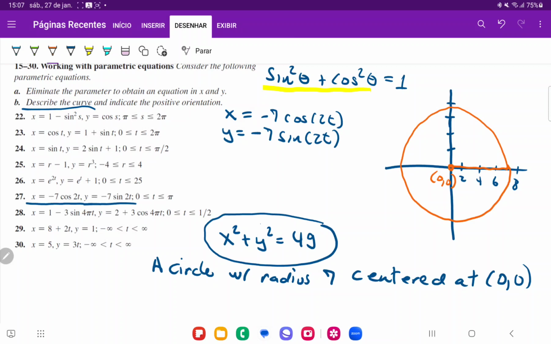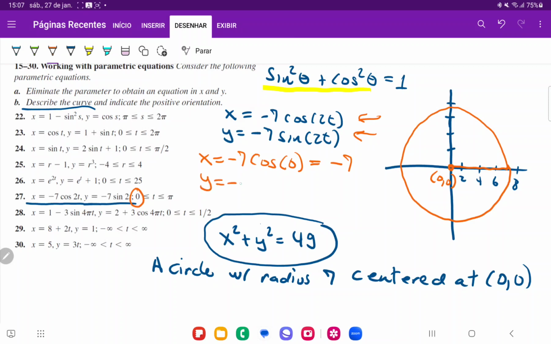Well, it starts at the point where t is equal to 0. So let's plug t equal to 0 into the x and y equations just to see the coordinates of where we're going to start. We have that x is equal to minus 7 times cosine of 2 times 0, which is cosine of 0, and cosine of 0 is 1. So we're going to begin at the point x is minus 7.